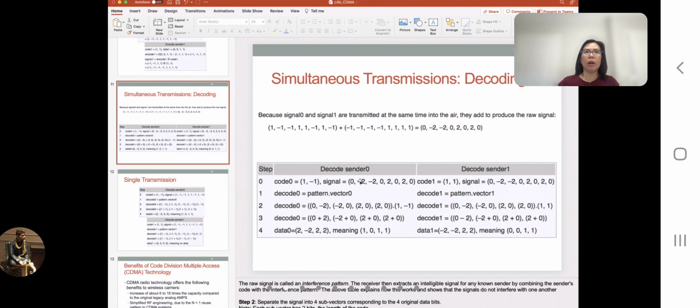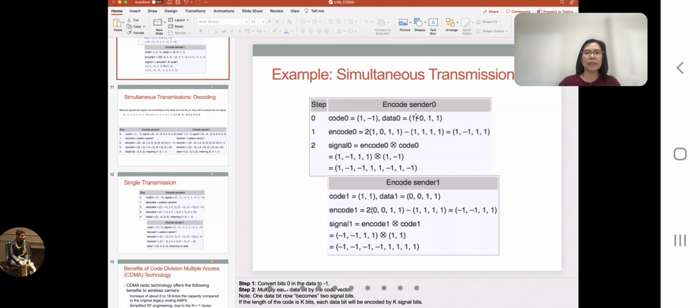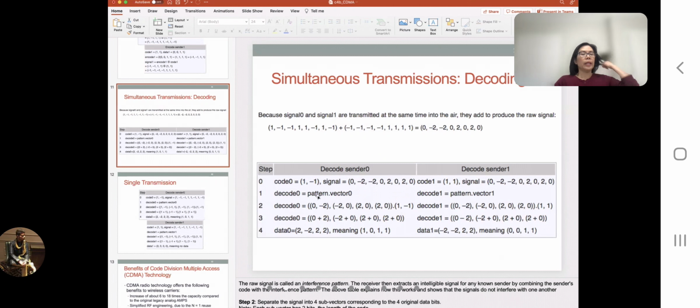Remember, each original bit is now represented by 2 coded bits. So this one is represented by 1, -1. This 0 is represented by -1, 1. And 1 here is represented by 1, -1. So we separate this sequence of bits into subvectors, each with 2 components, and each subvector corresponds to 1 original bit.